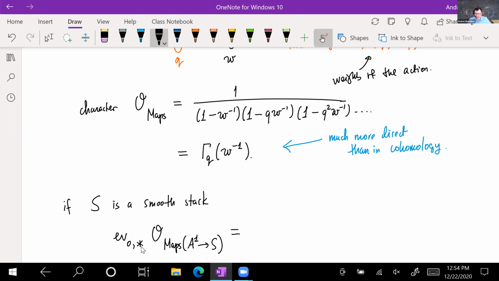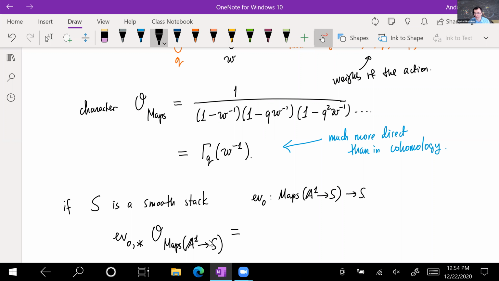So if I have a map, I can evaluate it at 0. So that's a push forward. So evaluation at 0 is a map from the maps from A1 to S itself.